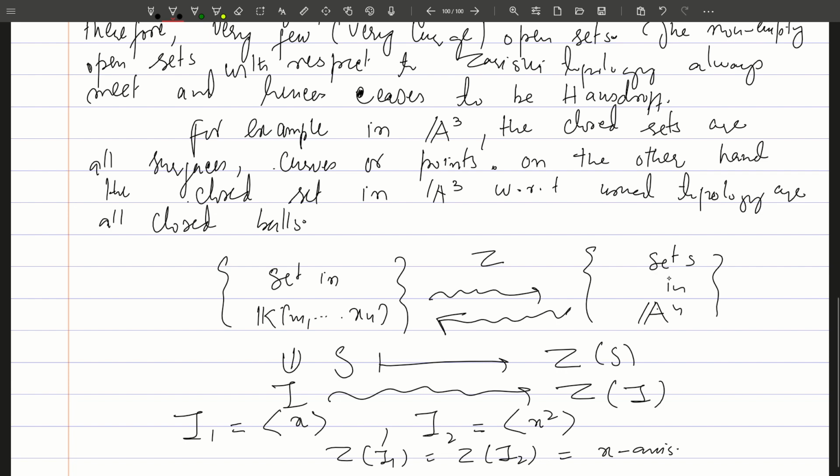Now we want to check whether there is one largest ideal with a given zero set X, the set of all polynomials vanishing on X. That is what we call the ideal of an algebraic set.